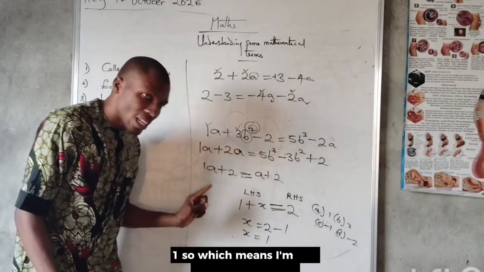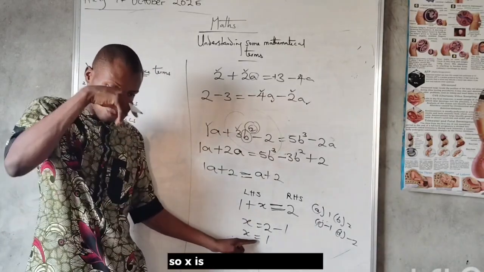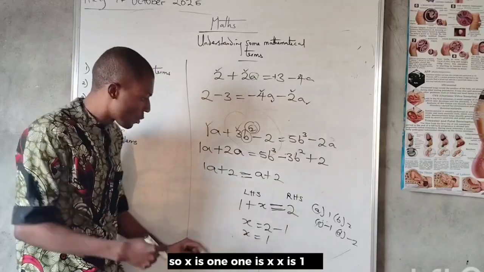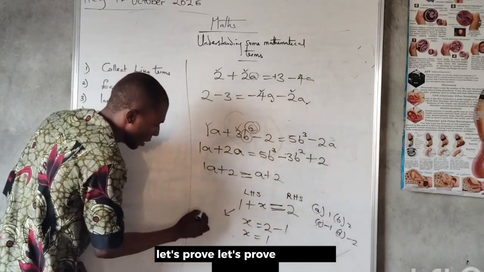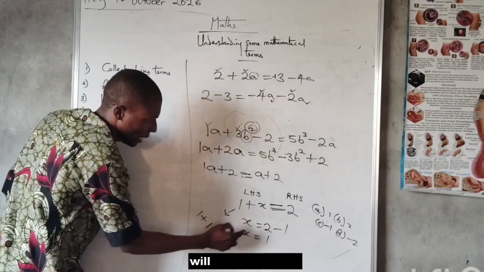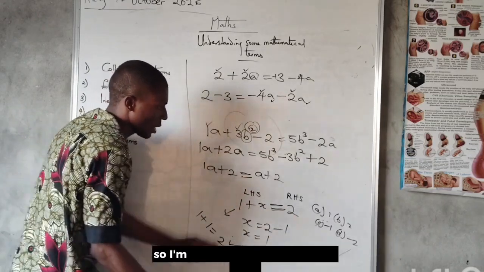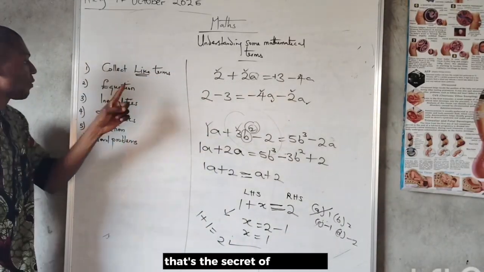So x is 1. Let's test it. Let's prove it. 1 plus, if I put the result 1, will it give me 2? Yes. So my answer is 1. That's the result. That's the secret of equation.